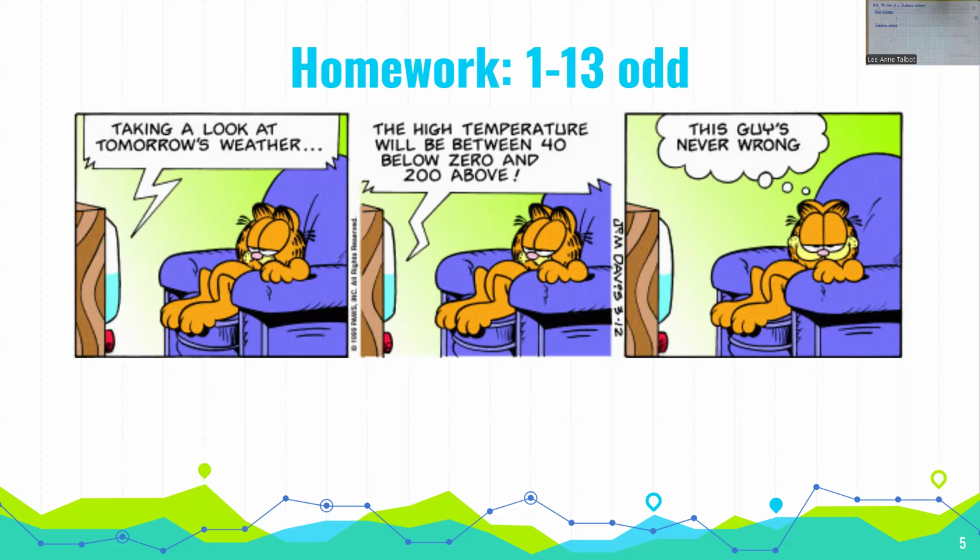So the weatherman is using a very wide interval of plausible values for the temperature, which means he's probably 100% confident that the temperature is going to be somewhere between 40 below zero and 200 above zero. I want you to remember that as a very wide estimate of plausible values for the temperature.